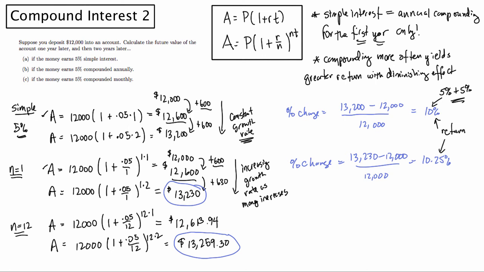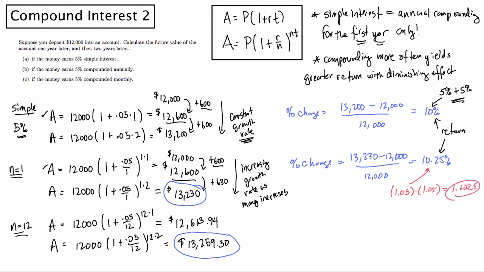I want to talk about where this 10.25% comes from, because you can't add 5 and 5 and get it. So where are we seeing that? Well, it turns out that it comes from taking 1.05 times 1.05. That's a 5% each year for 2 years. And if you multiply those two numbers together, then the percent there is the same as this number.